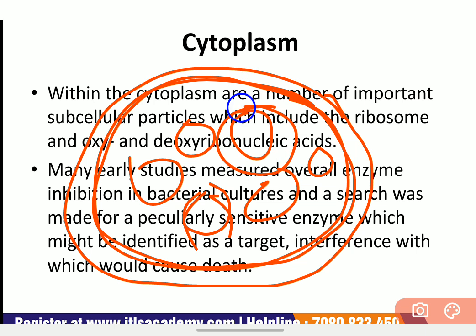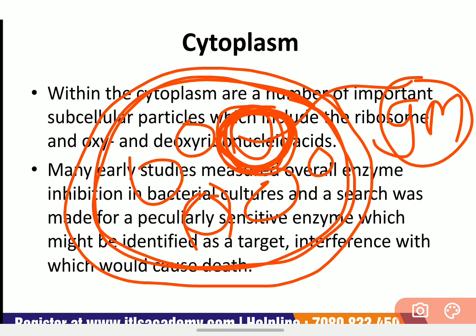It also contains a nucleus, and in the nucleus genetic material is present. This may be DNA, RNA, and anything else. It also contains food granules and mitochondria, and if this is a plant cell, then it will contain chloroplast and vacuole also.